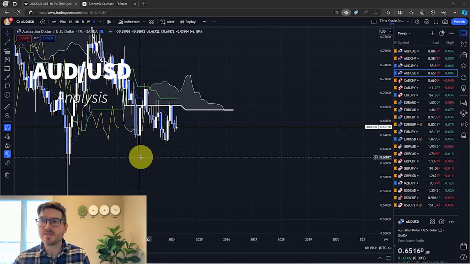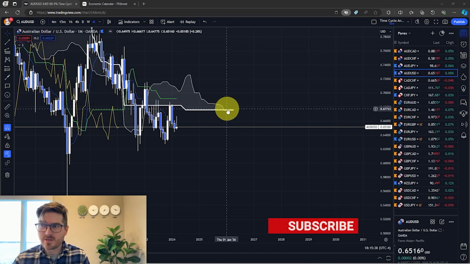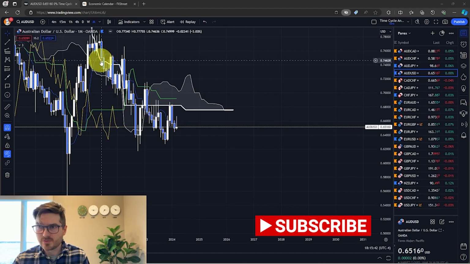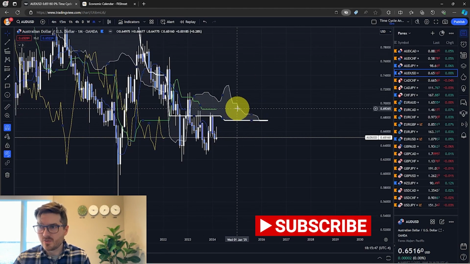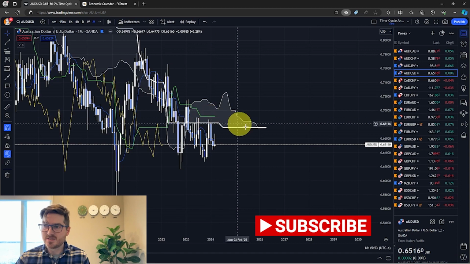AUD USD on the monthly chart. Now, guys, we are getting a little bit of a Kumo cloud twist here, but this Kumo cloud structure has really no trend, and so I'm not going to spend too much time on this monthly chart. We do have price below the Tenkan-sen and the Kijun-sen.